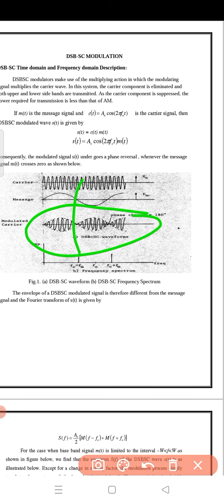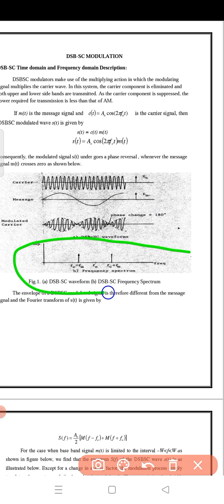This is a very important point: in DSBSC, at every zero crossing of the message signal, the modulated output will be phase shifted by 180 degrees. That is the phase change.